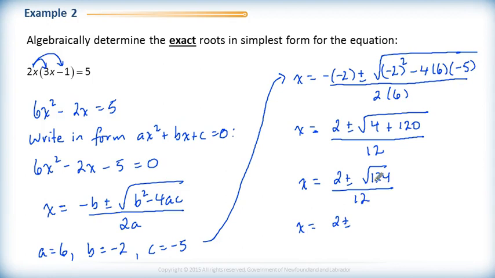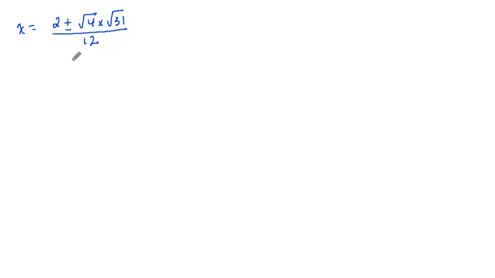More simplification can be done. Square root of 124, we can think of that as square root of 4 times the square root of 31 all over 12. And it looks like I'll have to go to a new slide. Now I brought my last step over to this slide.